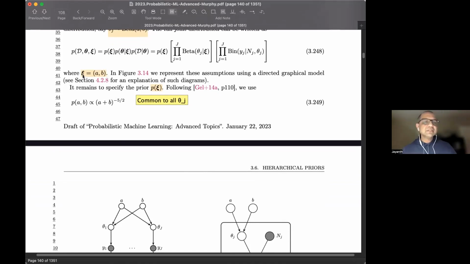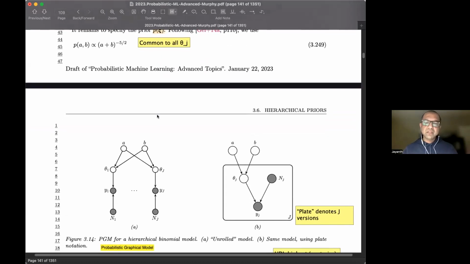Given the psi, we need a prior for that psi, and in this particular case, he uses this particular prior for psi. And this psi is common, as I said earlier, to all of the theta j.